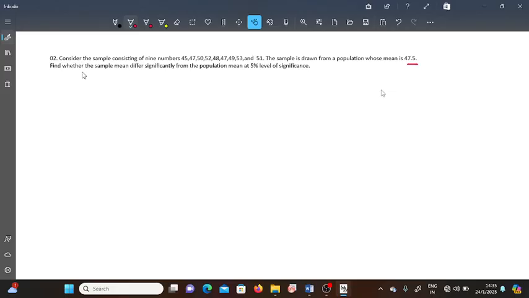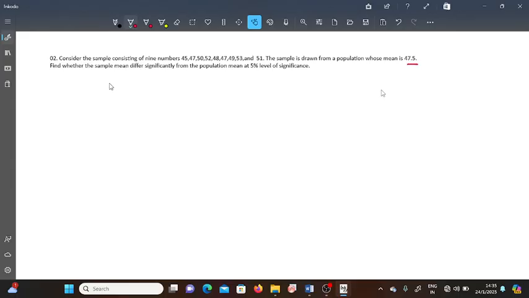Now we need to check whether the sample mean differs significantly from the population mean using 5% level of significance or 0.05 level of significance.